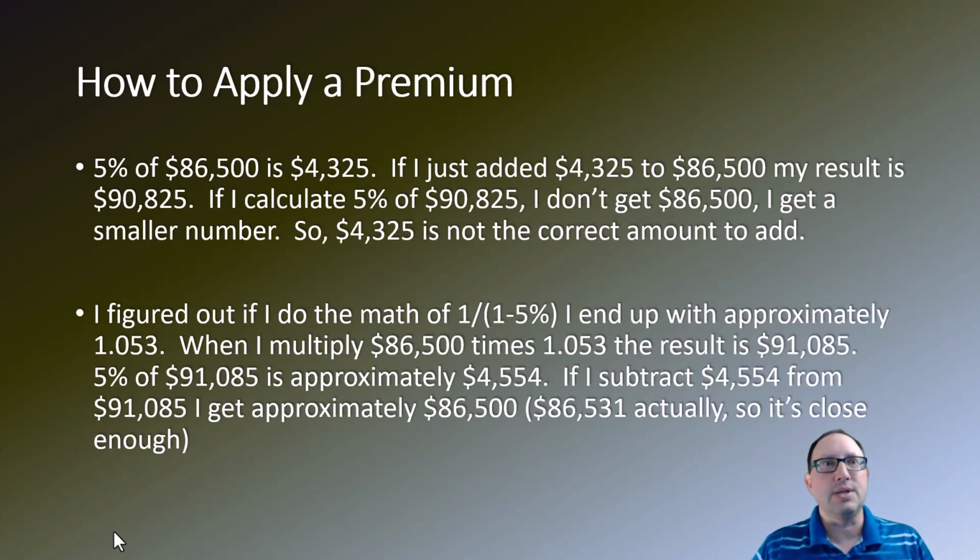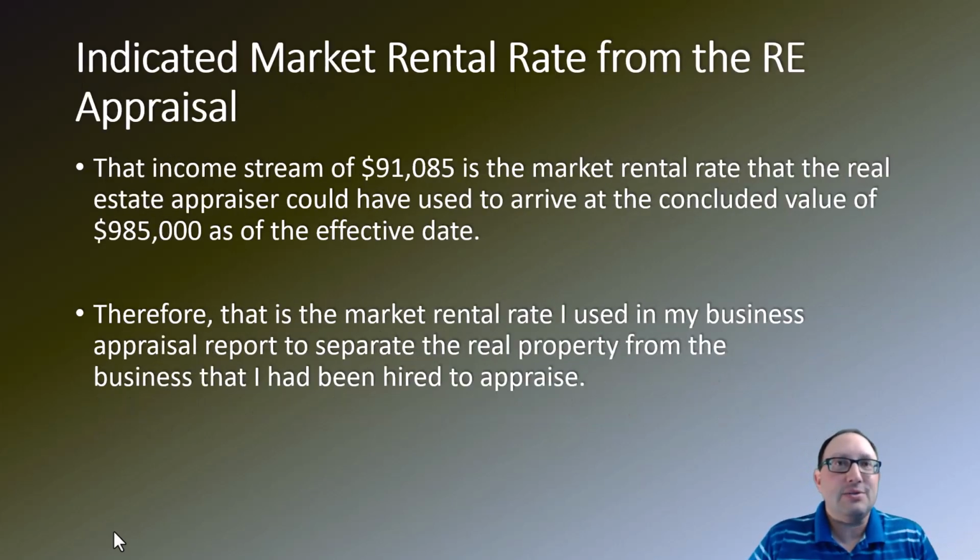And I get really close to the 86.5 when I subtract the 4,554 from the 91,085. Therefore, the 91,085 really is, or very close to, the market rental rate that the real estate appraiser could have used to arrive at a concluded value of 985,000 based on all the other stuff we just went through.